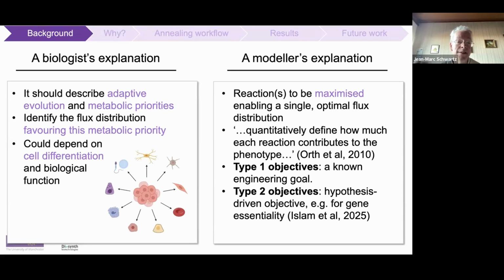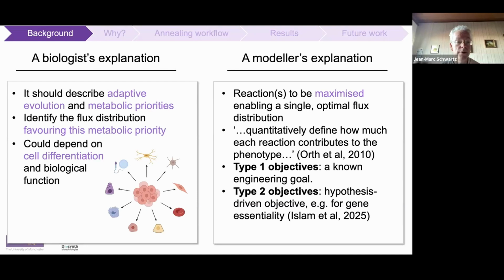But that's not a universal solution. It could depend on other factors. For example, if a species is suddenly put in an environment where resources are more limited, and it cannot find all the resources or all the compounds it would need, then maybe it could switch to another mode, which would be to preserve its metabolism rather than optimizing growth.